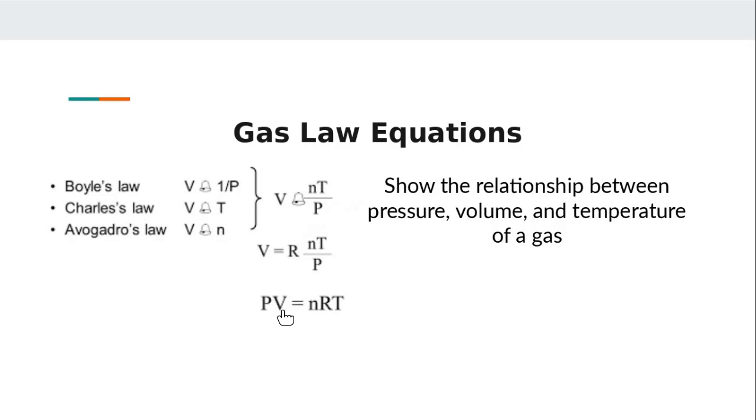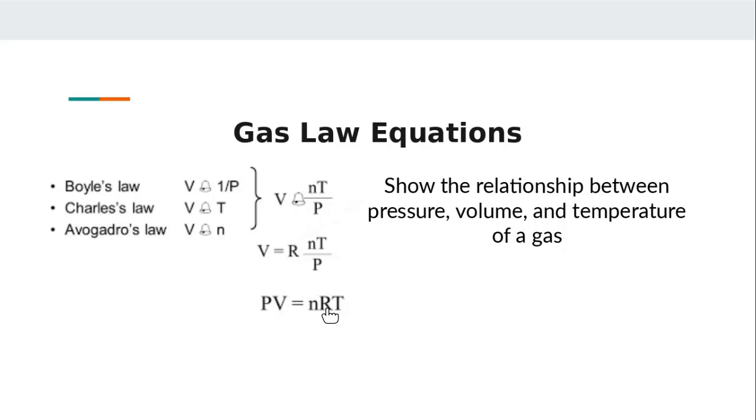And then you have your ideal gas law right here, PV = nRT. So let me ask you guys this. In PV = nRT, what's the R? Just answer in the chat. Yeah, it's the ideal gas constant, right?